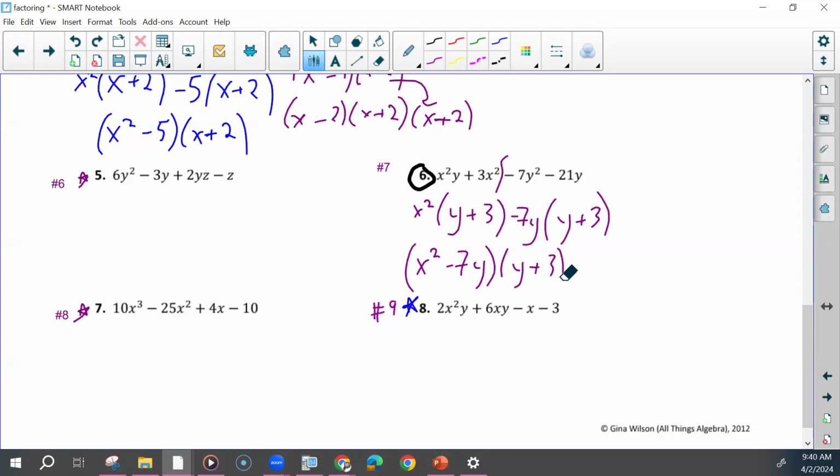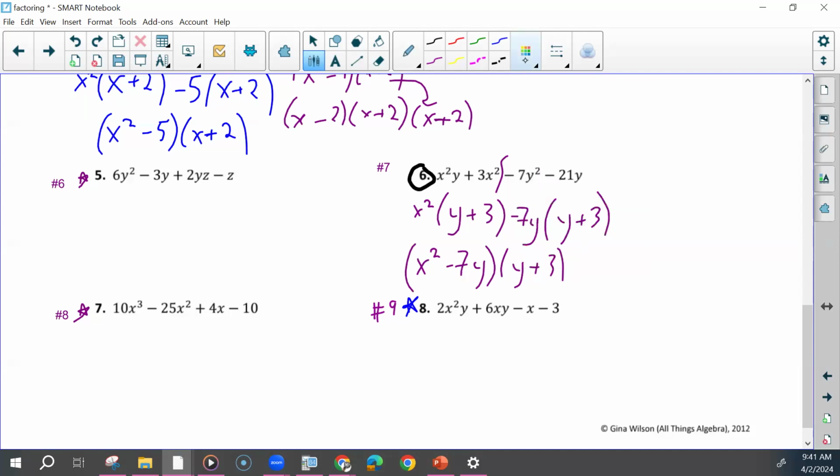I'm going to show you one more example where you might have a GCF with grouping. And I'm just going to use the same one we just did, but do this off to the side. Or if you need more space, grab another sheet of paper or do this on the back.